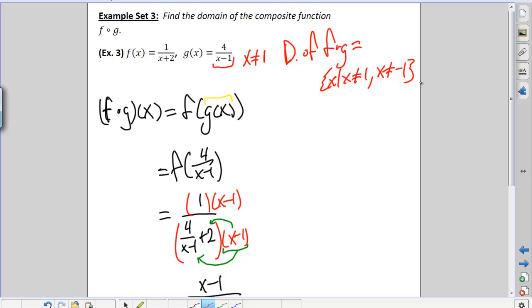And that's really what you need to do to finish finding the domain here. That's that second part of this. The first part is anything that doesn't work on the inside function needs to be excluded from your domain.